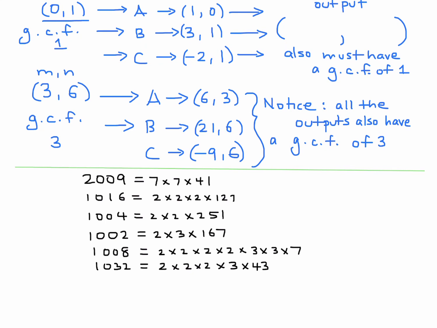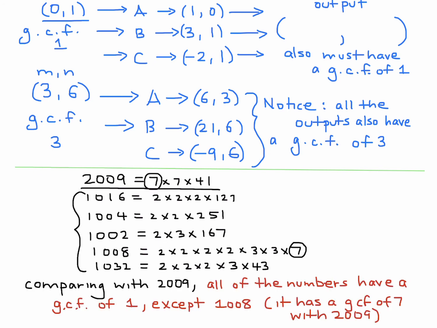Now we have to compare everything with 2009, keeping in mind: do we have a GCF of 1? If you do compare any of these 5 numbers with 2009, you'll notice that all of them have a GCF of 1 with 2009, except 1008, because 1008 has a GCF of 7.